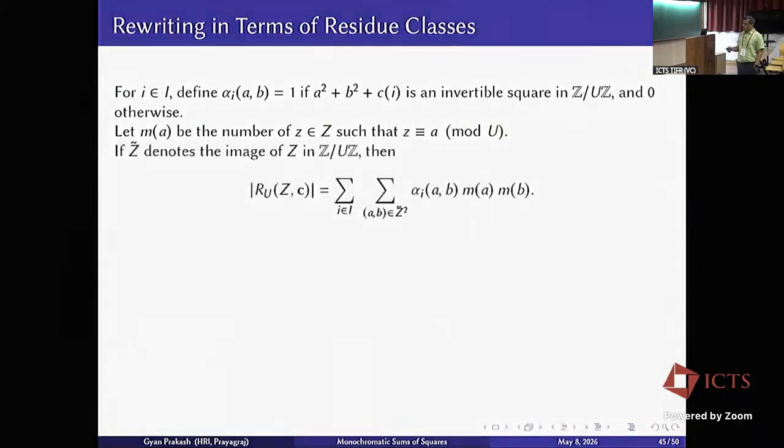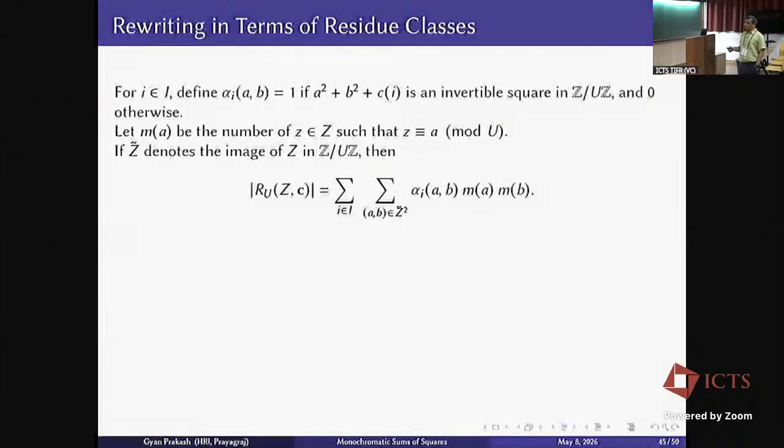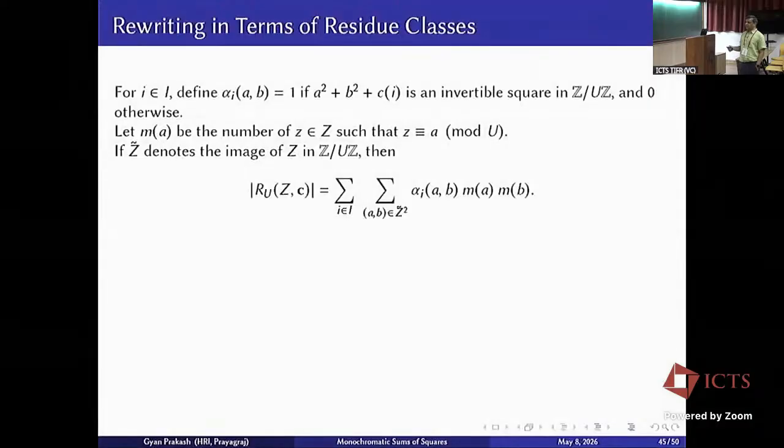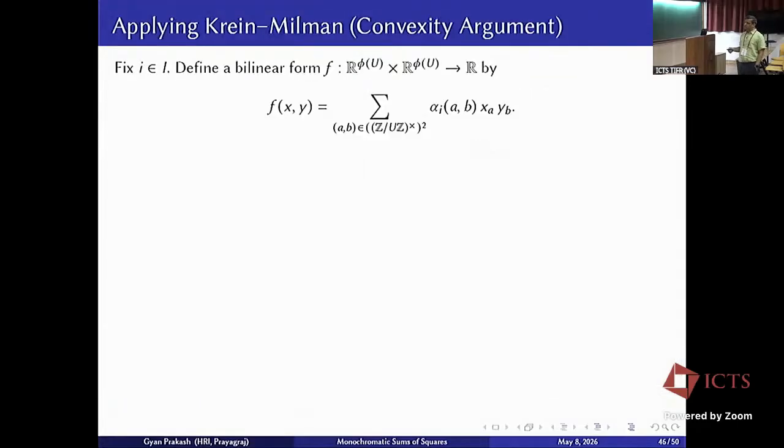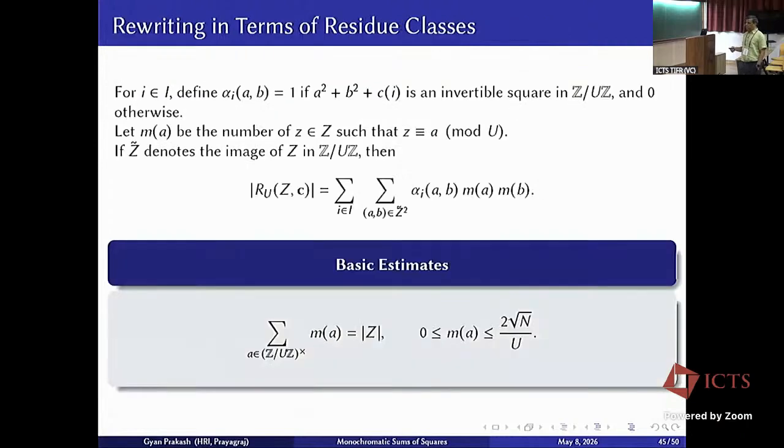Then I can rewrite R_uZC as the summation over the indexing set (a,b) belonging to (Z mod uZ) star square of alpha_i(a,b) M_a times M_b. And this M_a and M_b satisfy these bounds.